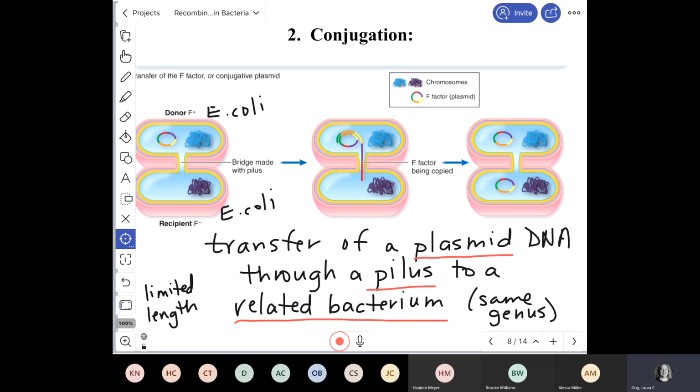But that's the basic info about conjugation. Conjugation is more of a gram-negative thing. It's more common in gram-negatives than gram-positives, because gram-positives don't make pili, as far as I know.